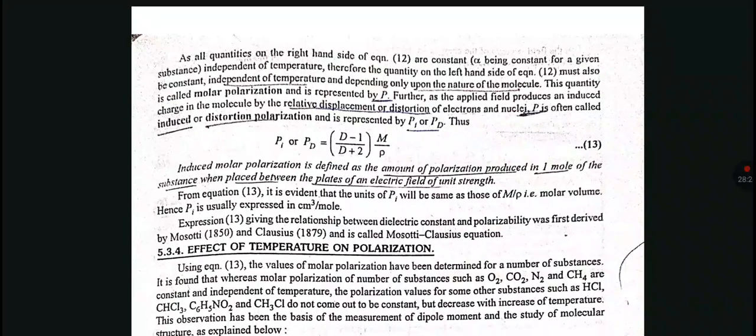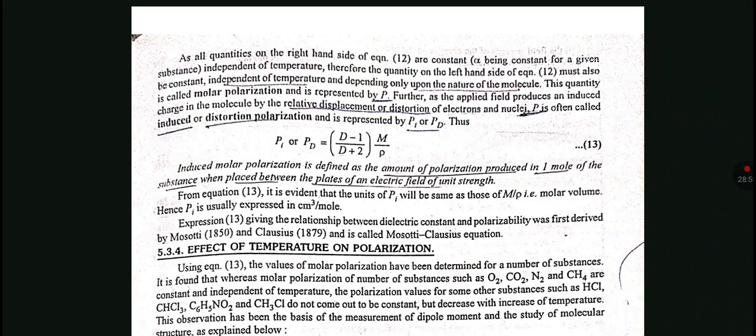As all quantities on the right hand side of equation 12 are constant, alpha being constant for a given substance and independent of temperature, the quantity on the left hand side of equation 12 must also be constant and independent of temperature, depending only upon the nature of the molecules. This quantity is called molar polarization, represented by P. It is produced by the applied field and is induced in the molecule by relative displacement or distortion of the electrons and nuclei. P is often called induced or distortion polarization and is represented by P I or P D. Thus P I is equal to D minus 1 upon D plus 2 into M by rho.